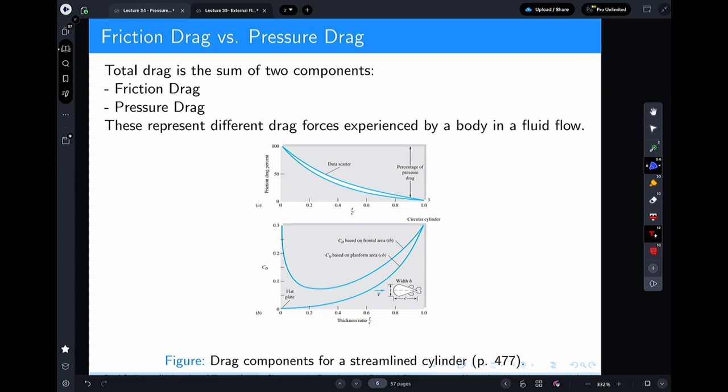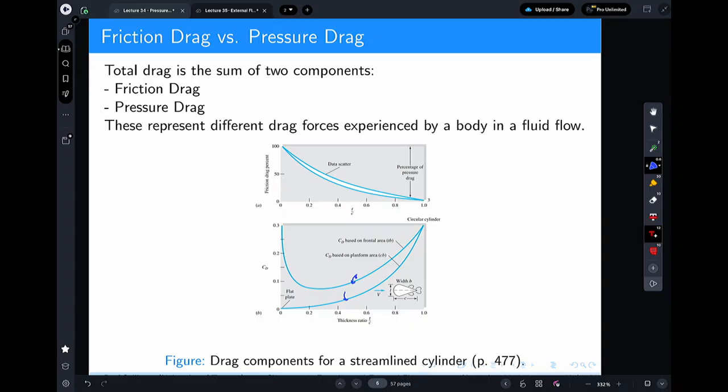And again, throwing back to what I do, I tend to look at ways of controlling friction drag. But you'll also notice that you have to be very careful in how things are defined. So one of these is based on planform area. One of them is based on frontal area.